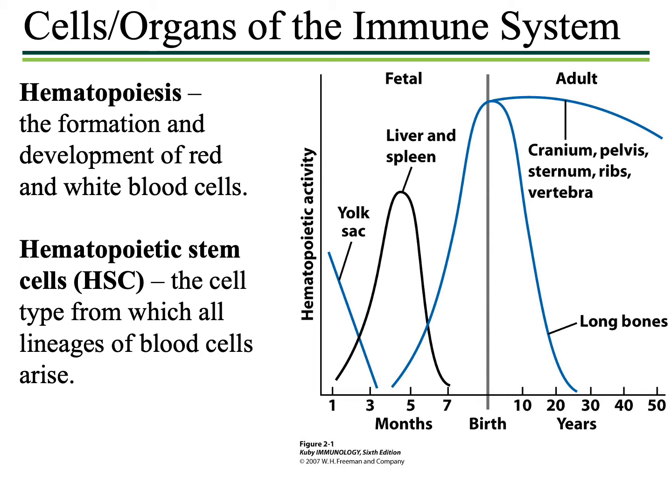Then the transition occurs to the liver and the spleen. Again, this is all during fetal development, and this is where the majority of hematopoiesis takes place. There is then a transition before birth and right at birth where the long bones are involved in hematopoiesis. And in adults, we also know that the cranium, pelvis, sternum, ribs, and vertebrae also allow for hematopoiesis to continue.